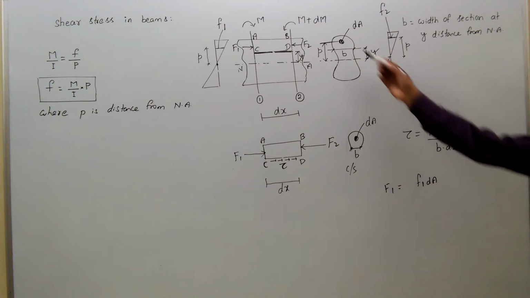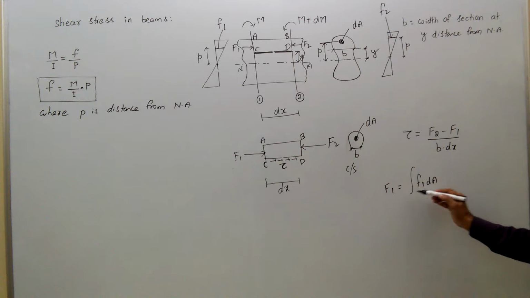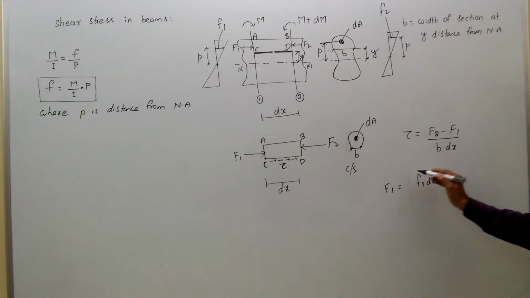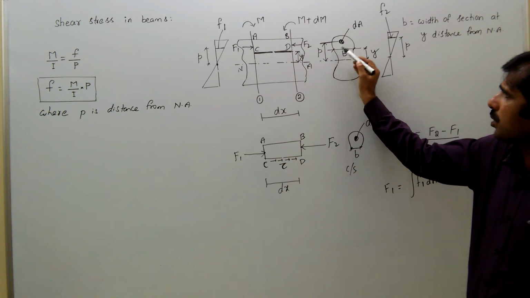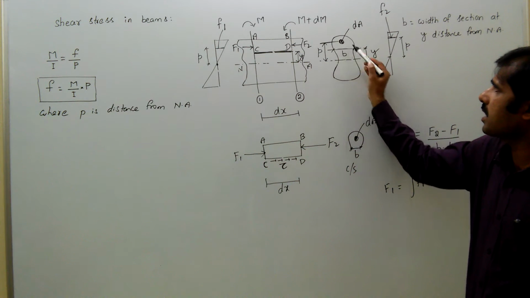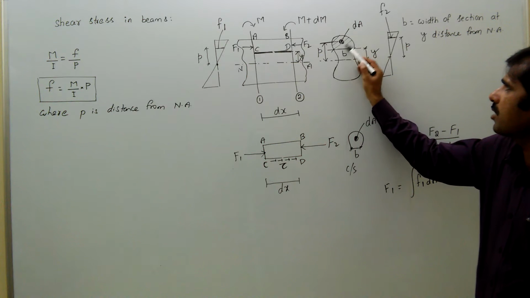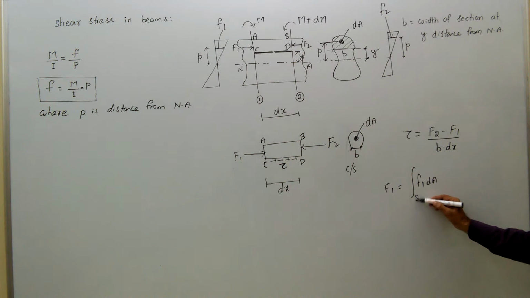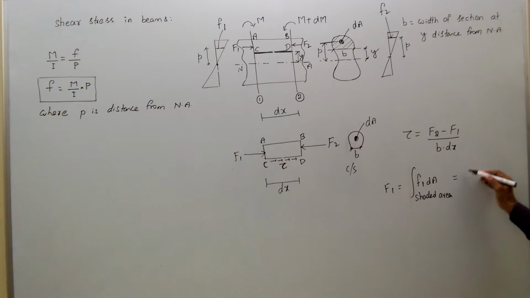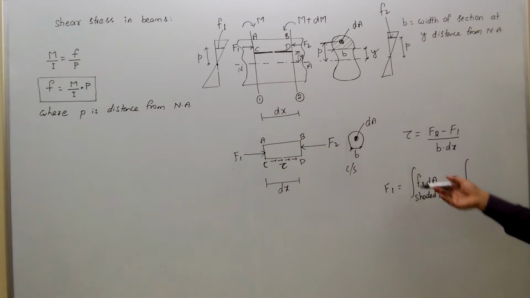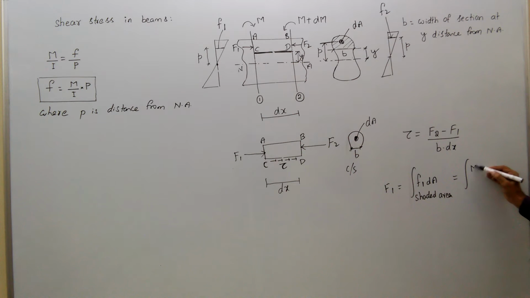That is the force in the differential element, integral over the shaded area, the integration over the area above this section. That means this entire area, we'll call this the shaded area. F1 equals integral of M by I into p into dA over the shaded area.